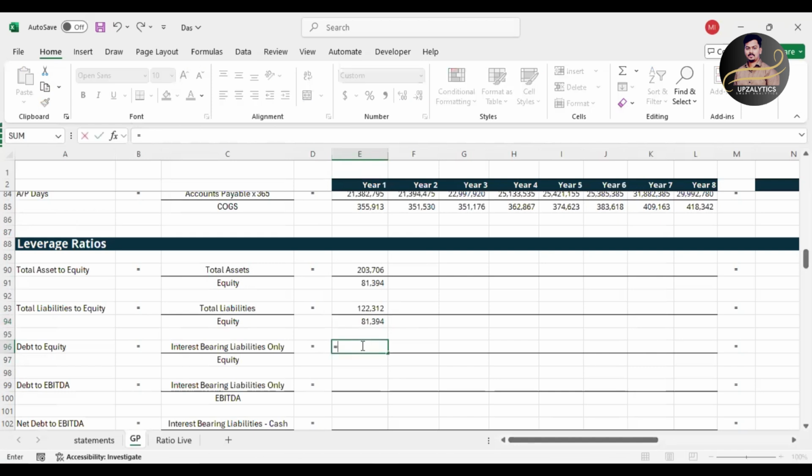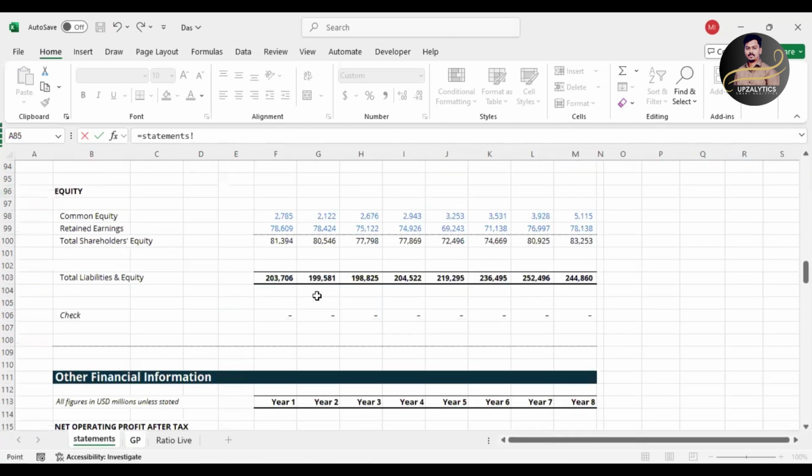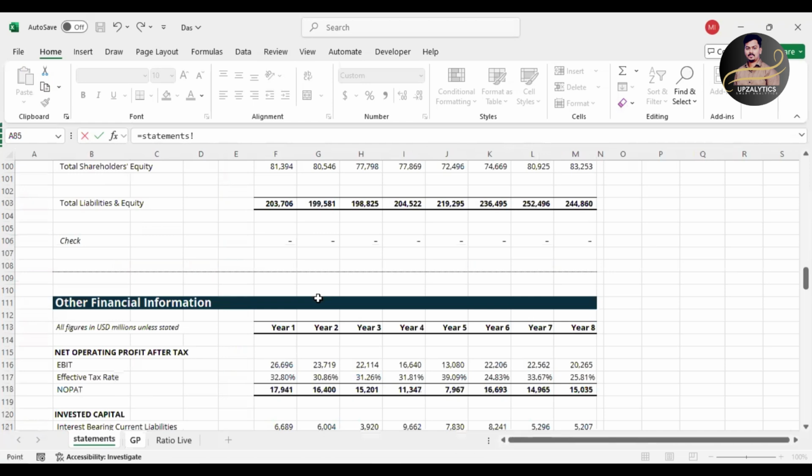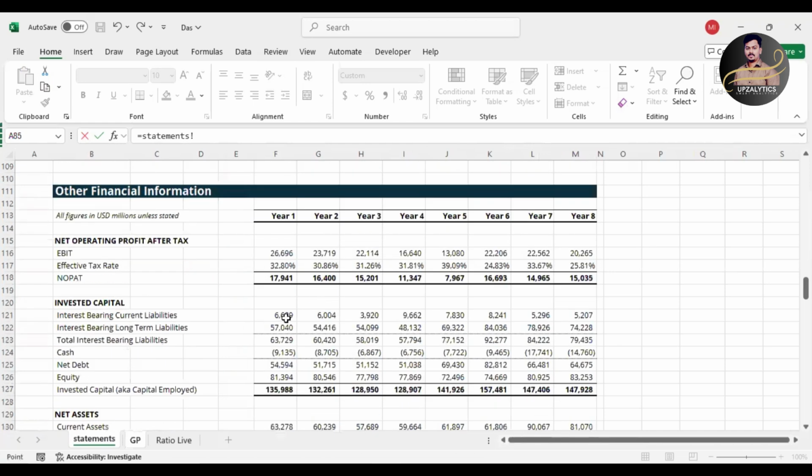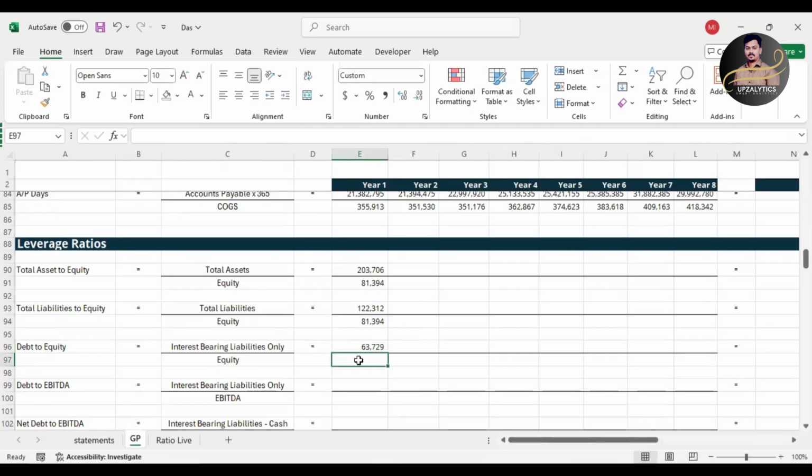Another thing, let's go to the debt to equity ratio. For that, we take only the total interest bearing liabilities. This includes interest bearing current liabilities and also interest bearing long term liabilities.